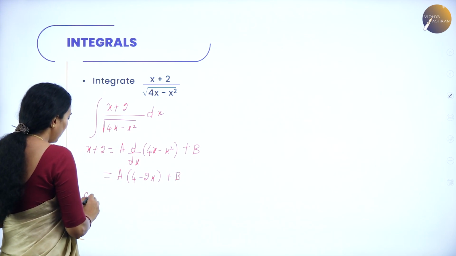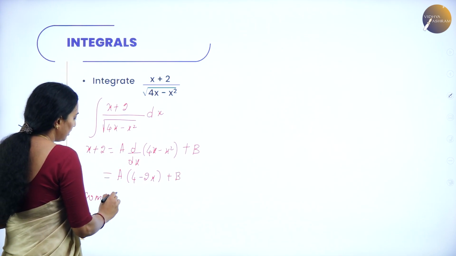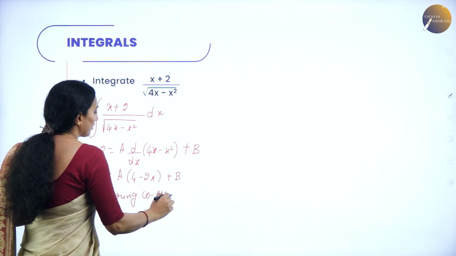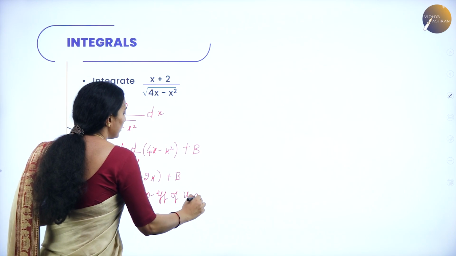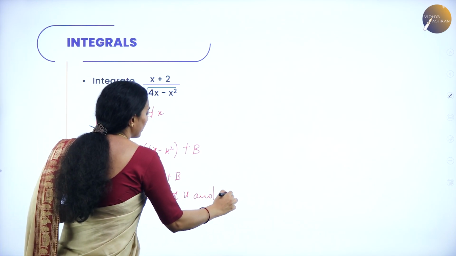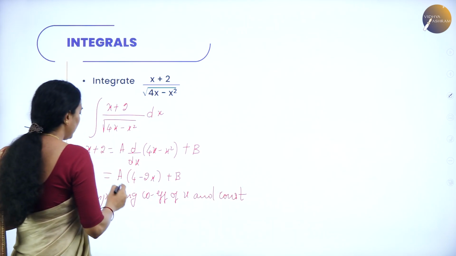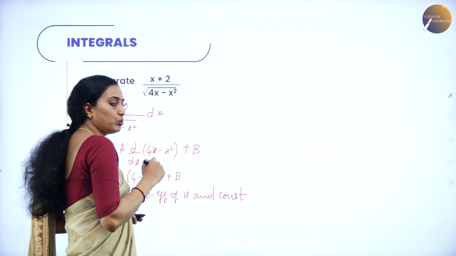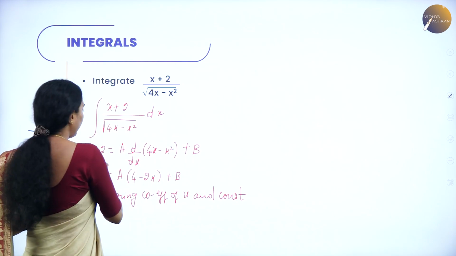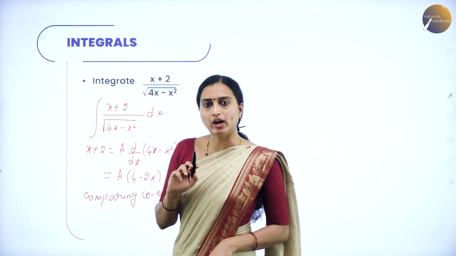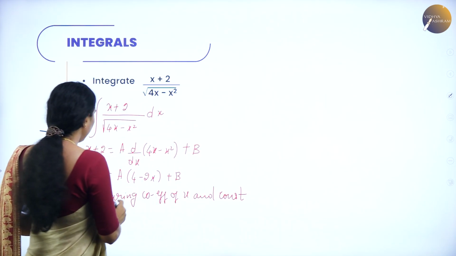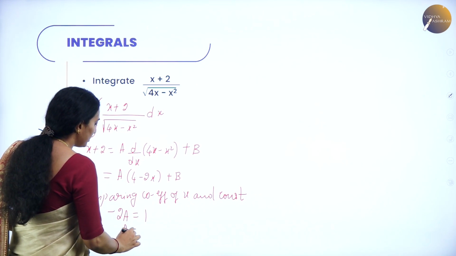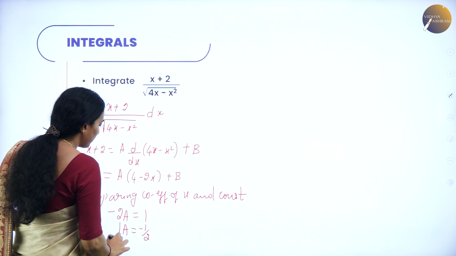Now comparing the coefficient of x and the constant terms. Comparing the coefficient of x, a into minus 2x gives minus 2a; on the left hand side the x coefficient is 1. So minus 2a is equal to 1, and a will be equal to minus 1 by 2, which is minus half.